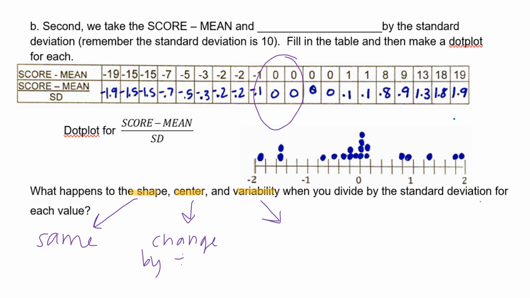And then the variability is also going to change. And it would either change by multiplying or, whoa, that's an O, or dividing depending on the problem. So for this problem here, it technically has gotten smaller. So by that dividing of 10, it's pretty close to what we had. So yeah.